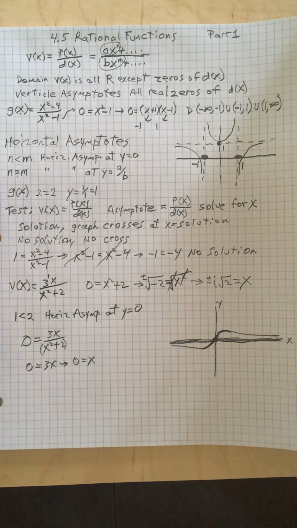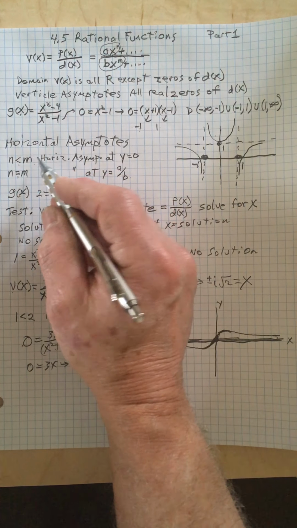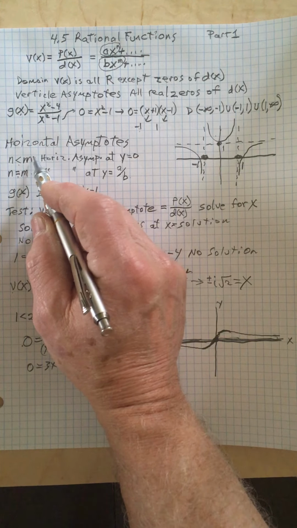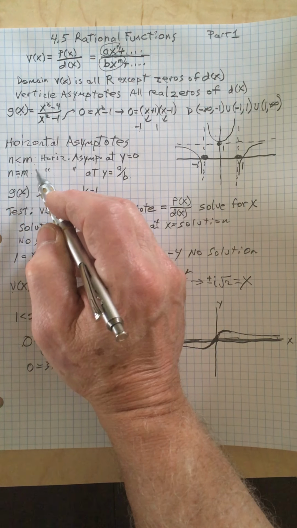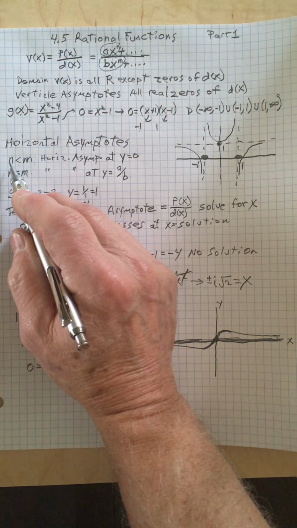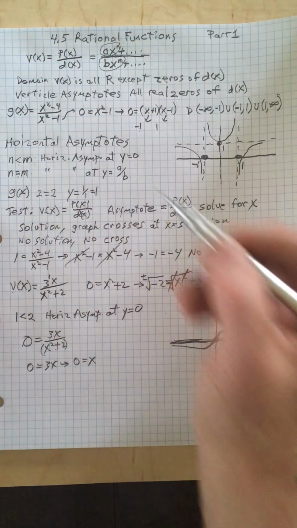Okay, so if you're looking here, and you're paying attention, there's something missing here. What happens if n is greater than m?